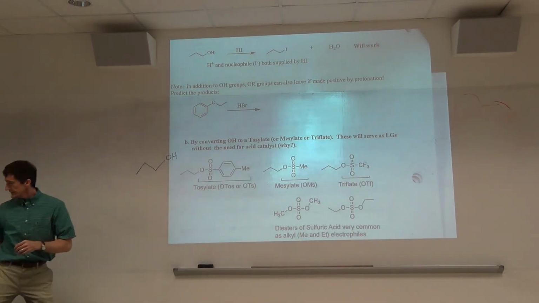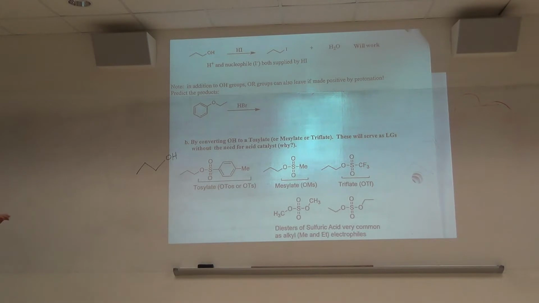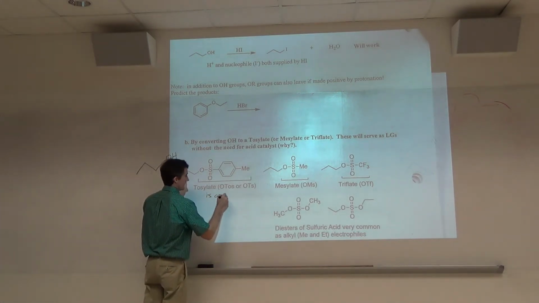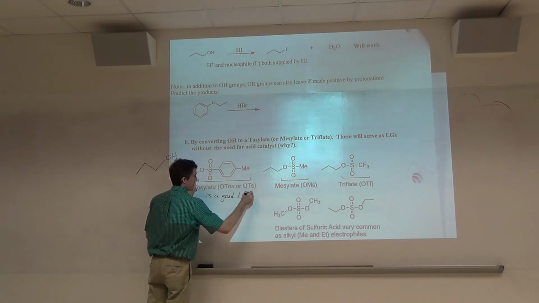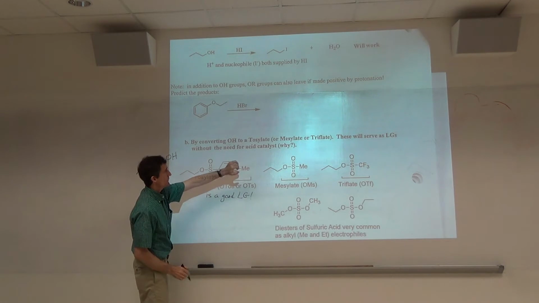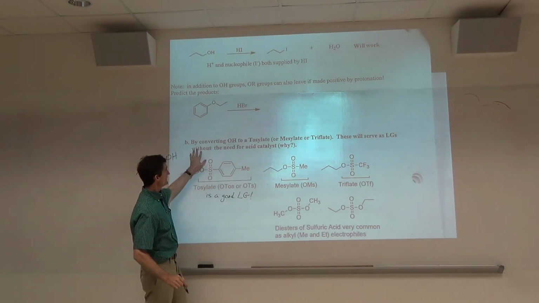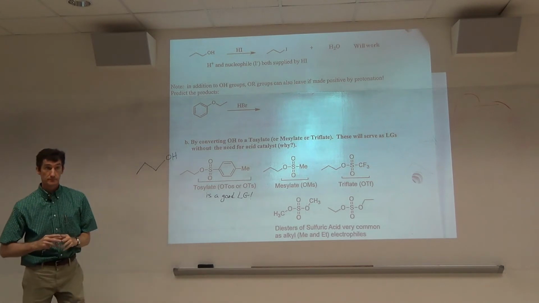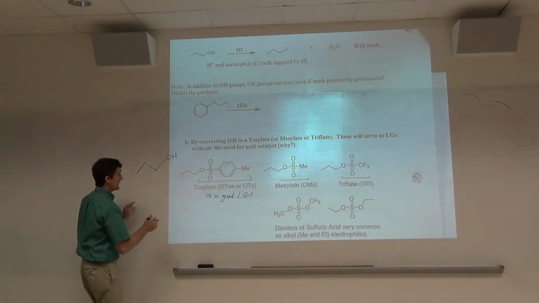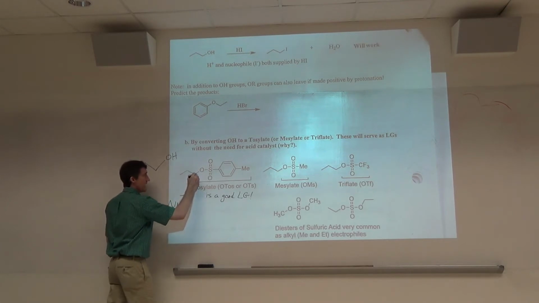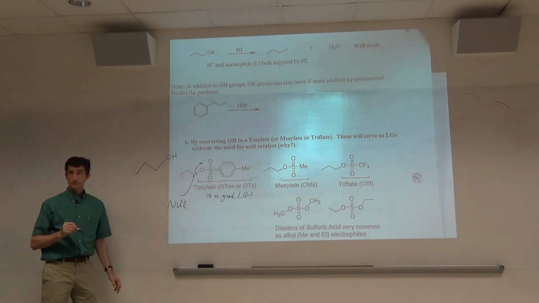Now let's look at these. All of these are good leaving groups. These will serve as leaving groups without the need for an acid catalyst. You don't need to protonate them. That is, a nucleophile will just come in here and kick that oxygen off.